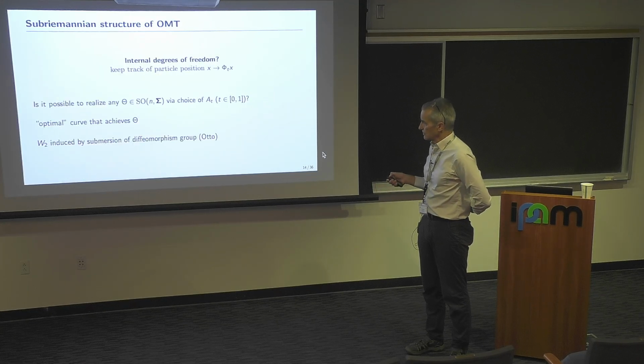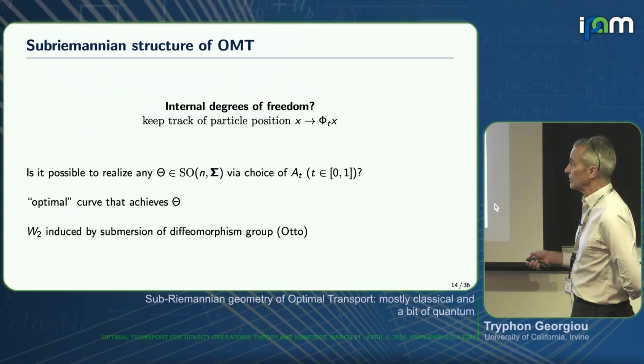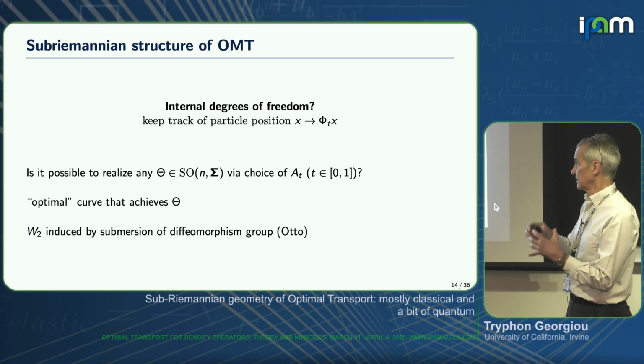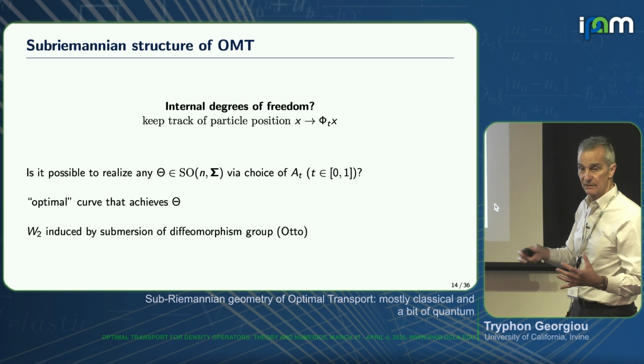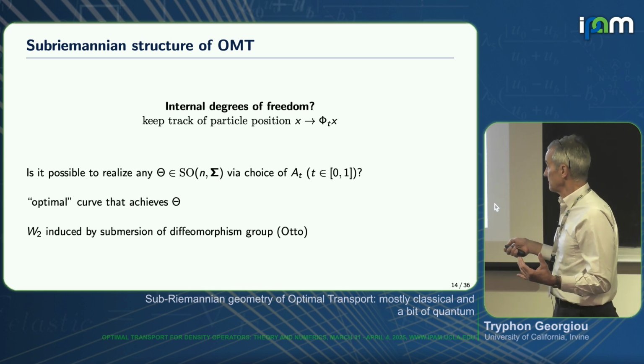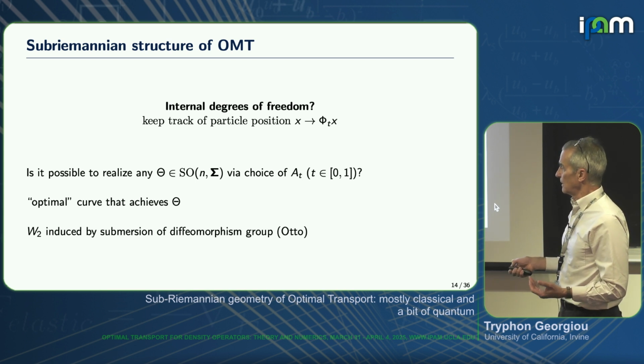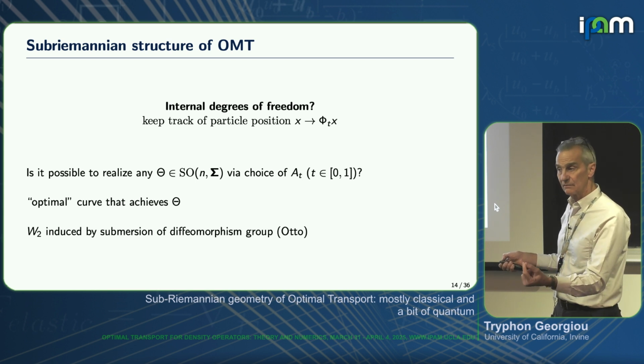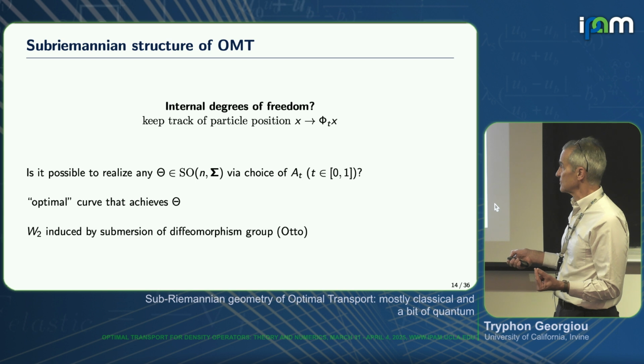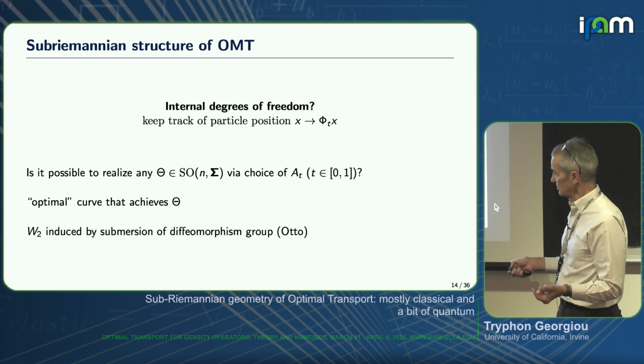Again, the internal degrees of freedom, keeping track of what happens to every particle. So these are the questions we're interested in. Is it possible to realize any holonomy, any rotation of the internal distribution of the particles by a choice of A? How can you construct optimal curves that effect such a rotation?